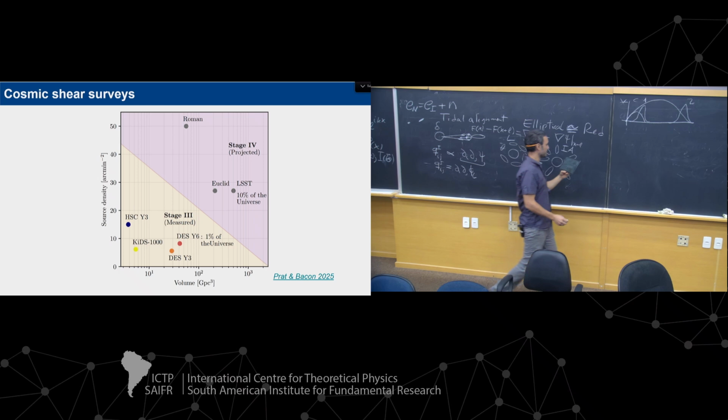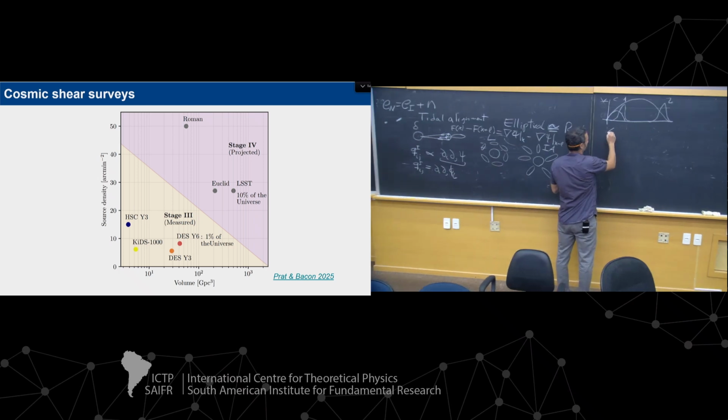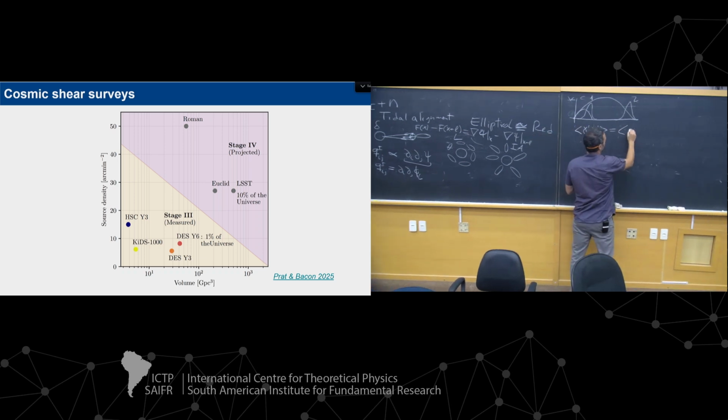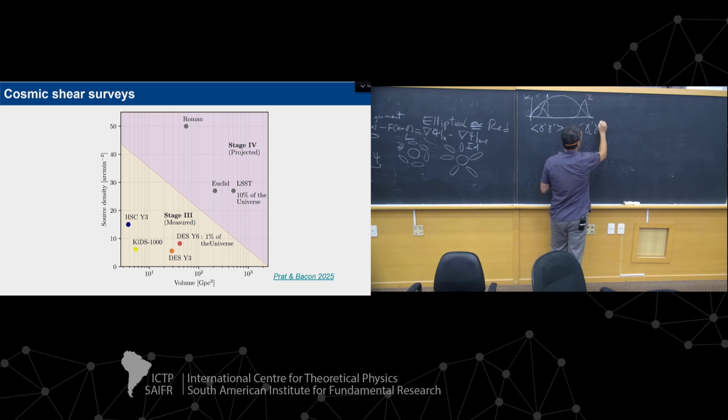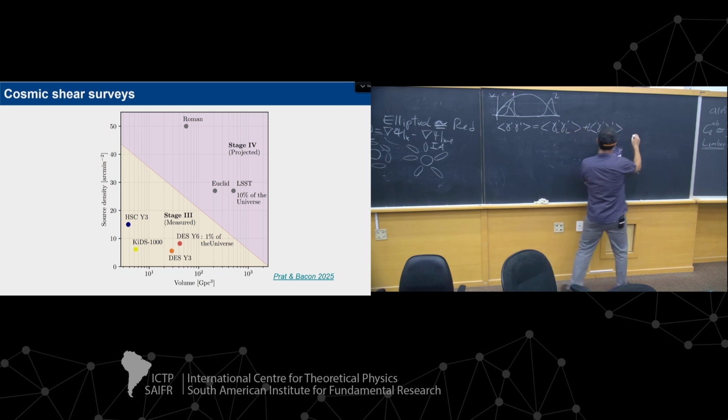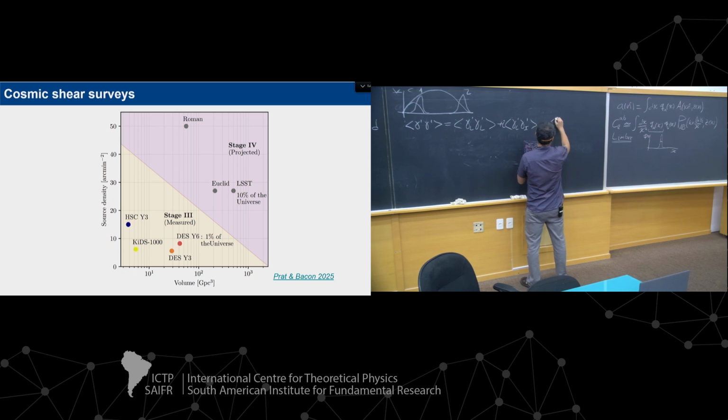So let's consider, for example, the autocorrelation of the cosmic shear in the first redshift bin with itself, right? So you would have several components. You would have gamma 1 lensing, gamma 1 lensing, twice gamma 1 lensing, gamma 1 intrinsic alignment, and then gamma 1 intrinsic, gamma 1 intrinsic, okay?